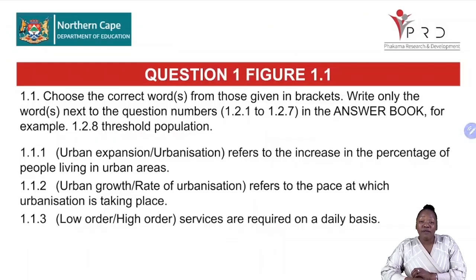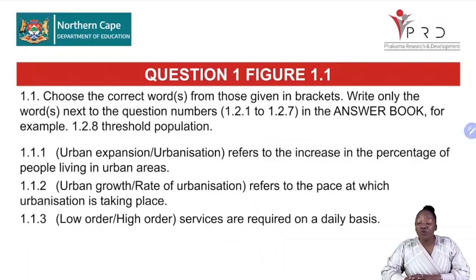So for this one, figure 1.1, you choose the correct word from those given in the bracket. So you only write the word next to the question number, which is question 1.2.1 to 1.2.7. That is an example. So after that, we are given the urban expansion or the urbanization. It's our first question.